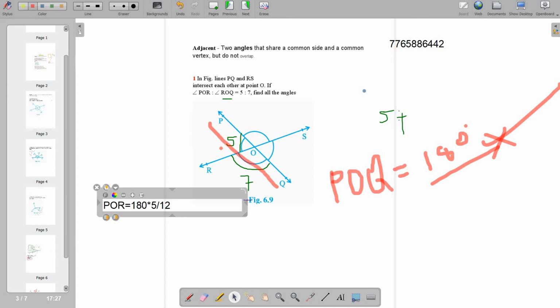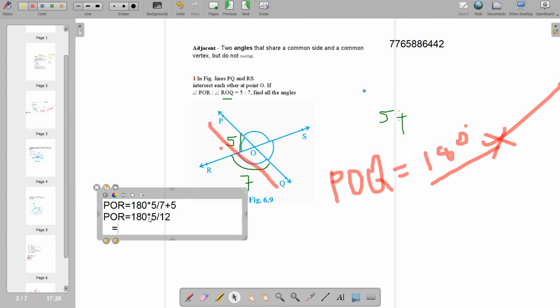Where did I get 12 from? Suppose 7 plus 5. Now the concept is pretty clear. Let us put again POR equal to 180 into 5/12.